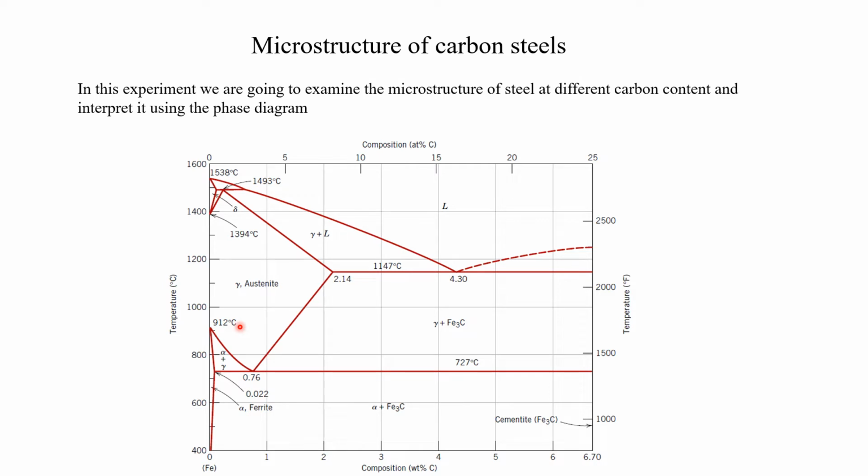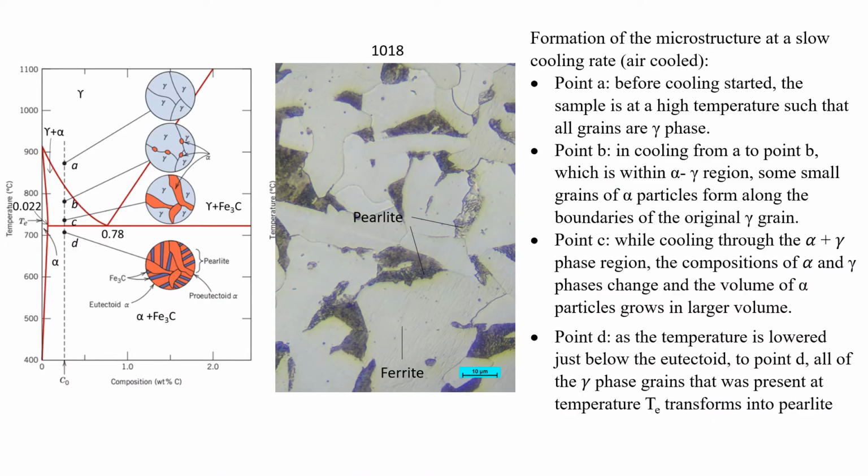In order to compare different carbon content, we typically raise the temperature very high and cool down at a very slow rate, so that it's easy for us to compare and interpret the microstructure of steel using the phase diagram.